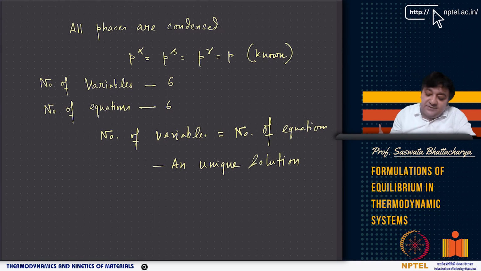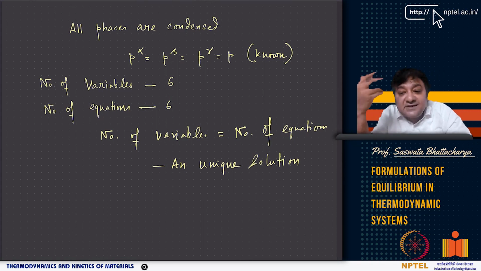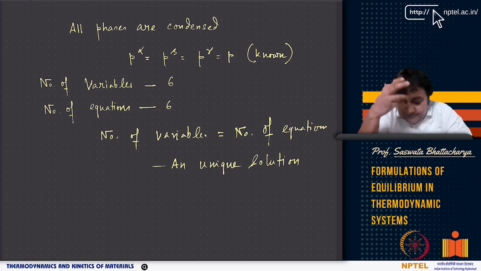If number of variables is less than the number of equations, then you have more equations than variables, then definitely no solution exists, because you can only choose a combination of equations. Other equations become redundant, but you cannot do that. So which equations to choose? Therefore the matrix that comes in becomes non-invertible, and since it is not possible to invert that matrix, there is no solution at all.